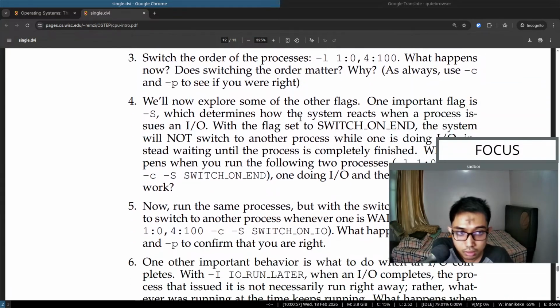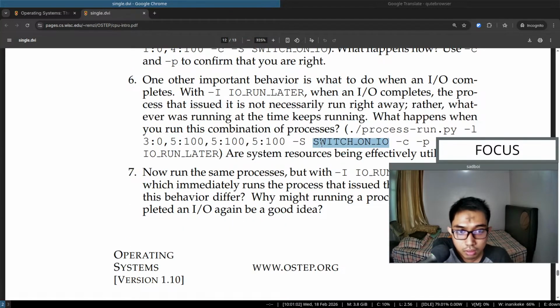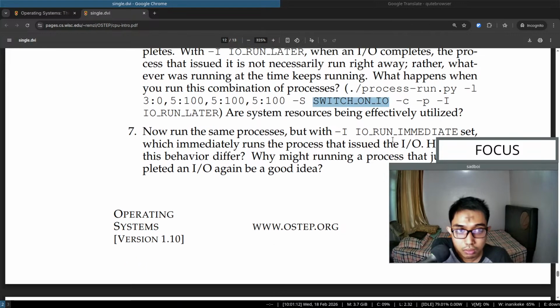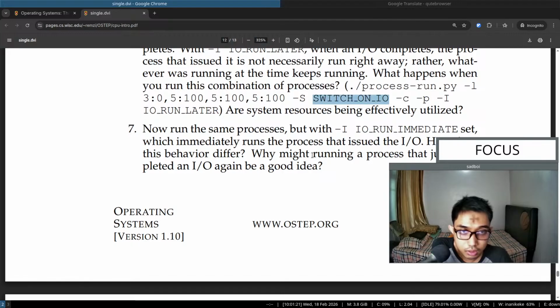Oh, sorry. Yeah, I'm kind of confused. Okay. Switch on I/O, which means that when one process is doing input-output, we are switching to another process.